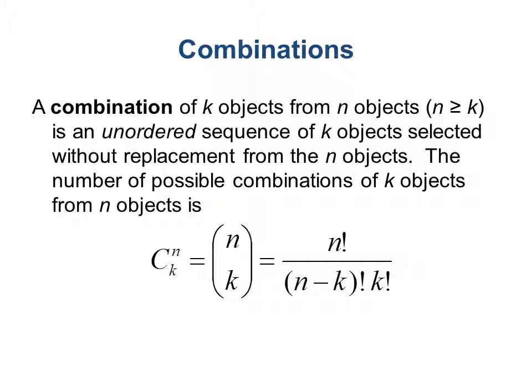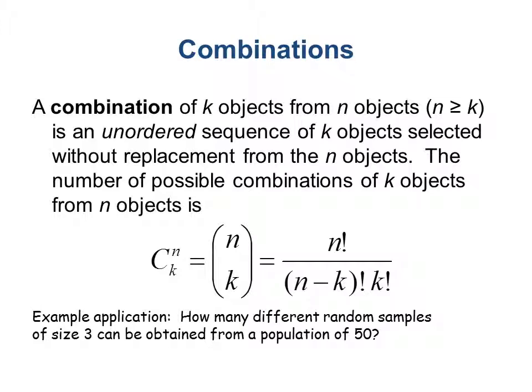If we look at a particular example of these combinations, we might be looking at how many different random samples of size 3 can be obtained from a population of 50. If we apply the formula in this case, we would get n is 50 and k is 3, so it's 50 factorial over 50 minus 3 factorial times 3 factorial, and it's 50 times 49 times 48 in the numerator, and 3 times 2 times 1 in the denominator.